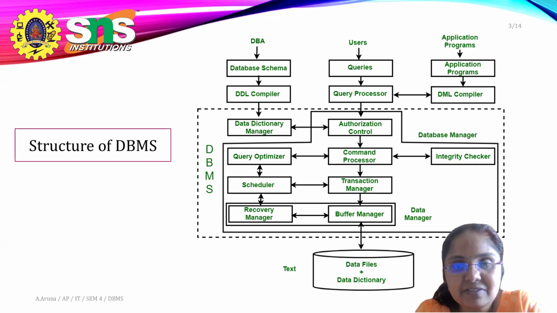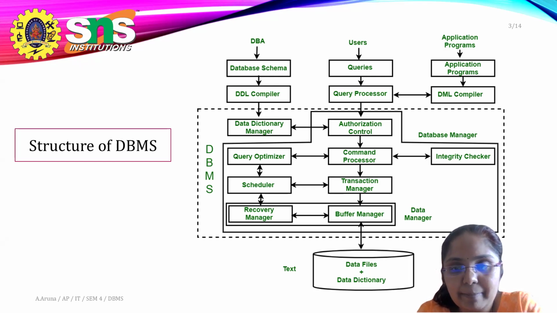Request only is transferred from the user. How the query is processed means by using a query processor. Query processor is simultaneously connected with the DML compiler for executing that particular program, because DML compiler is connected with the application program. Through the application program only, the user can pass the query to retrieve the data from the database, that is executed by the query processor or a query engine.